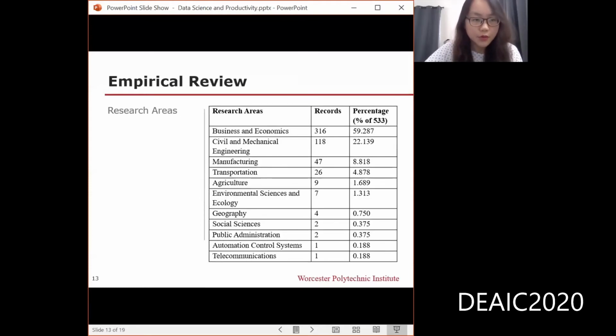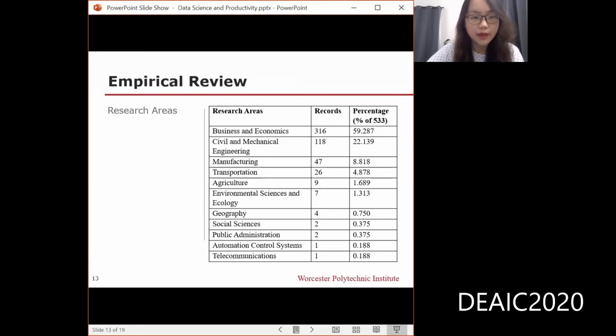For the empirical review, we classified these articles according to the research areas. This table here presents the industries or fields that these studies addressed. For example, business and economics, for this category, we have 316 records.